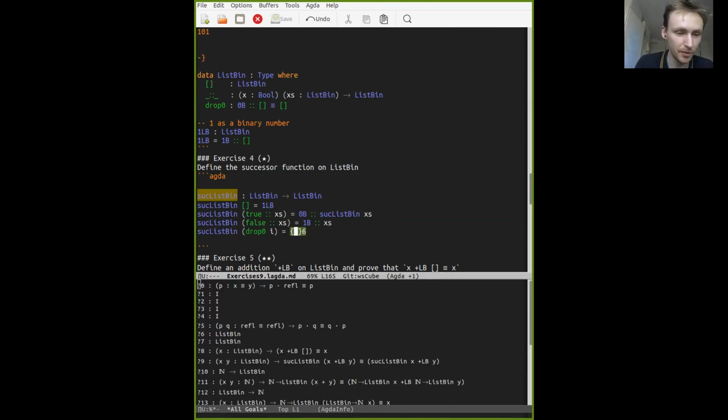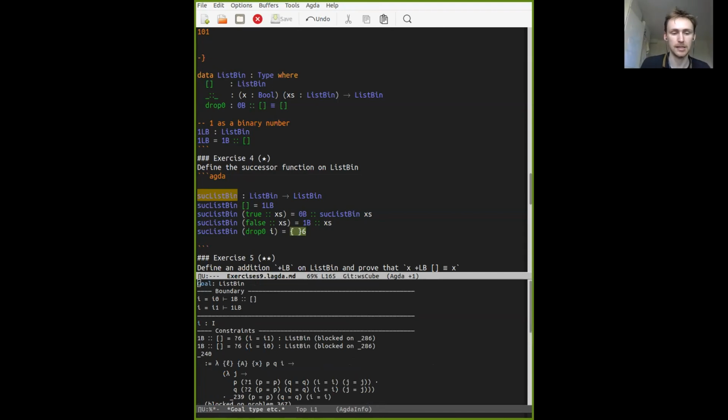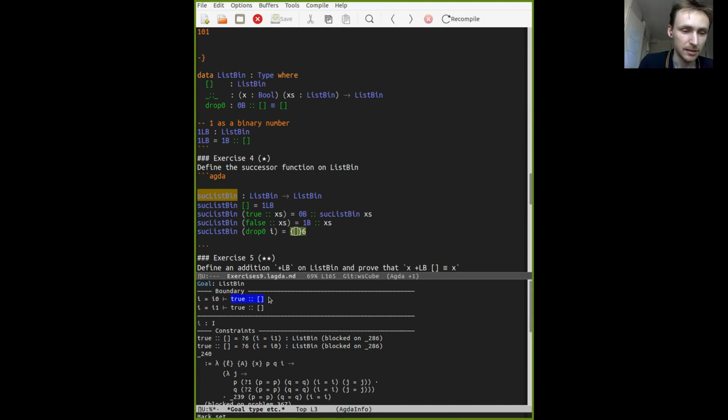And now I need to prove this drop-I case. Let's normalize the goal. It says, give me true cons empty list for i1 and true cons empty list for i0, and then the same thing for i1. There's not much we can do here.